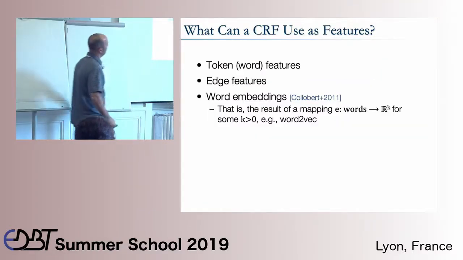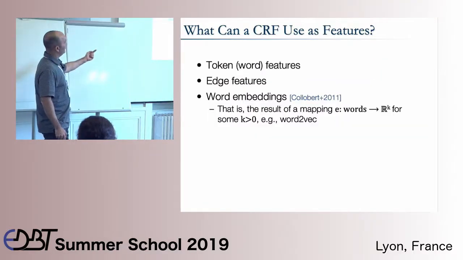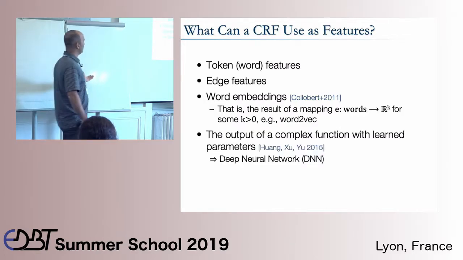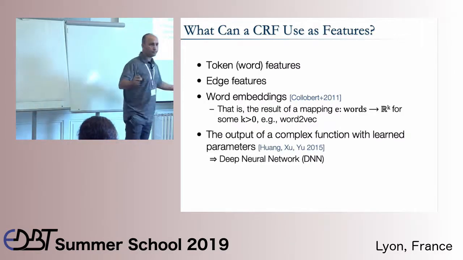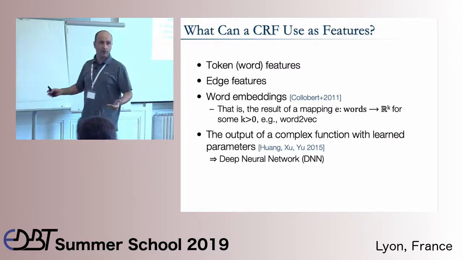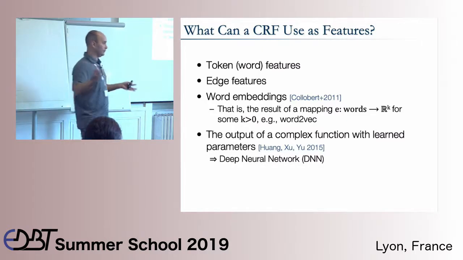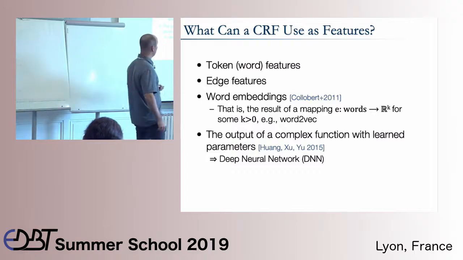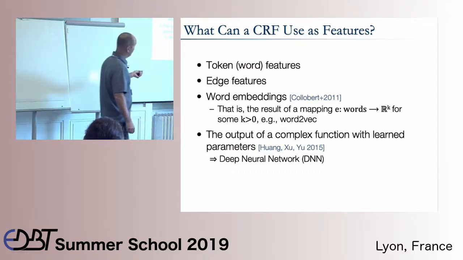And if you're starting to introduce these kinds of features, then you can actually push in a whole complex function that tries to learn some features from examples, for instance.